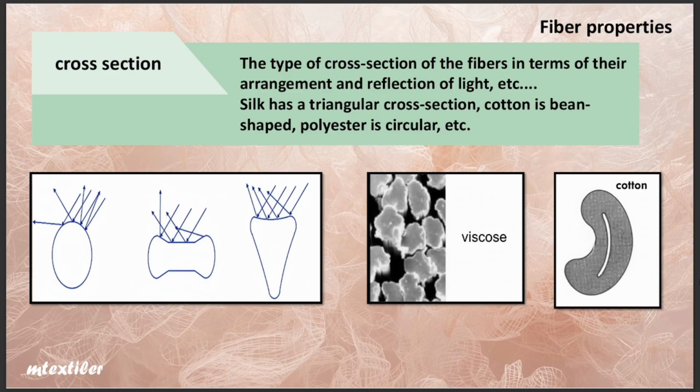In this slide, regarding the fiber cross-section, it is stated, the type of cross-section of the fibers in terms of their arrangement and reflection of light, etc. Silk has a triangular cross-section, cotton is bean-shaped, polyester is circular, etc.